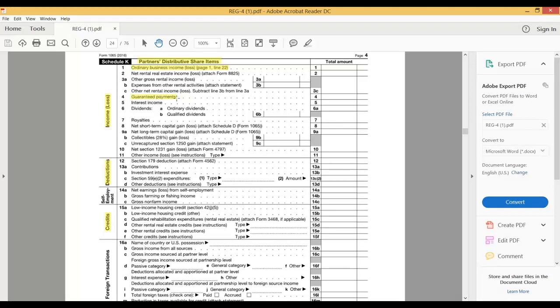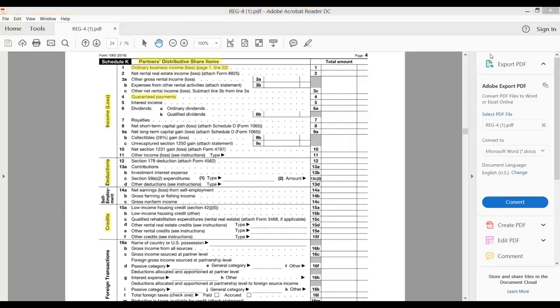And why is that? Because it is not applicable to all partners, right? Not all partners are receiving guaranteed payments, only a few. Therefore, it is an ordinary income deduction to the partnership, and it is also a separately stated item because it does not affect all the partners. And where does the partner record that on his tax return?